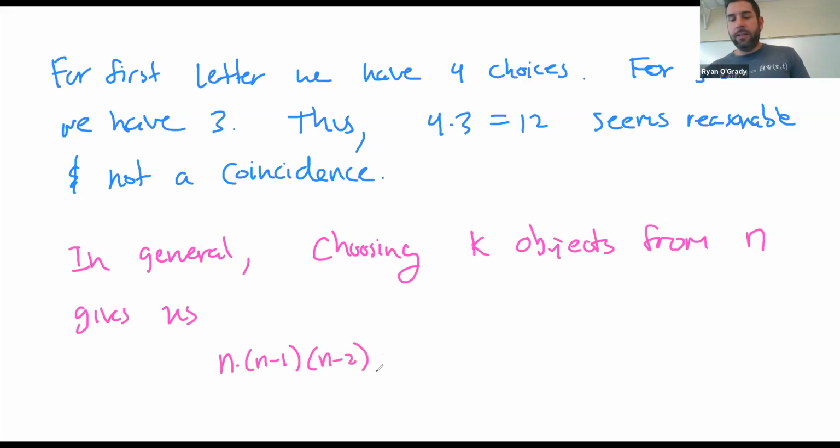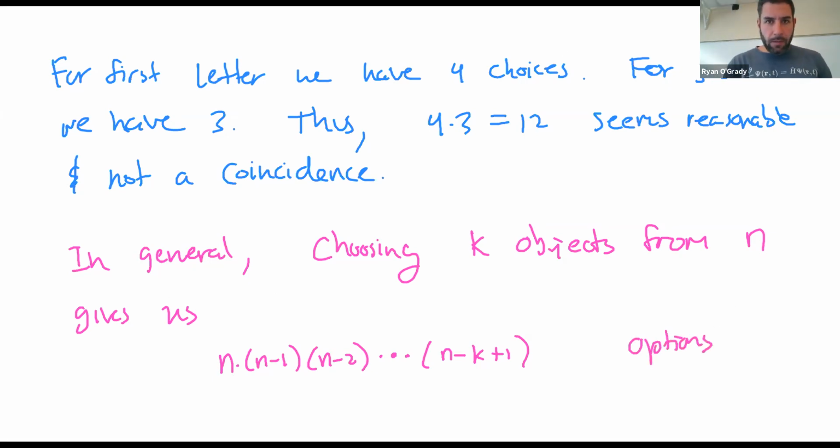Now, this is going to be very scary, but if you think about the pattern I just suggested, this goes all the way down to N minus K plus 1. Now, this looks very frightening, but how many of these terms are there going to be? There's actually K factors.